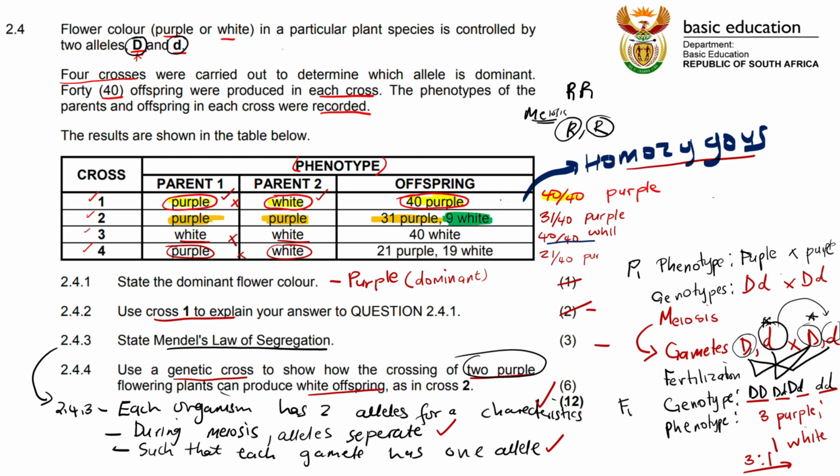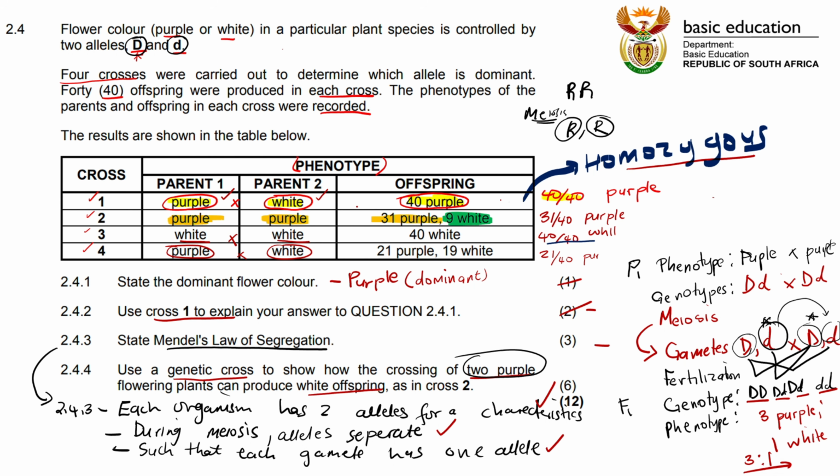This is just a ratio, guys. This is not really the amount of offspring that has been made. This is just a possibility to say that if these two were to cross, what possible phenotypes can we obtain? In this case, there are 3 chances of obtaining purple colored offspring and 1 chance of getting the white colored offspring.